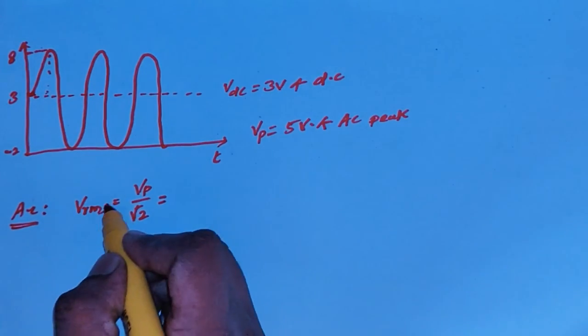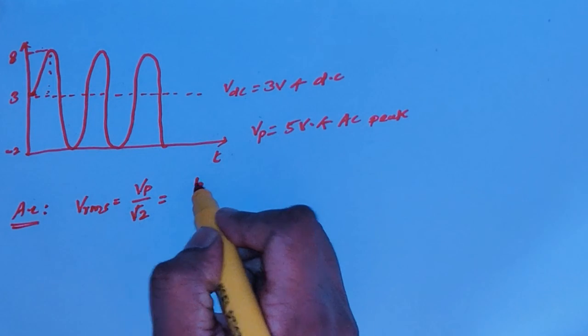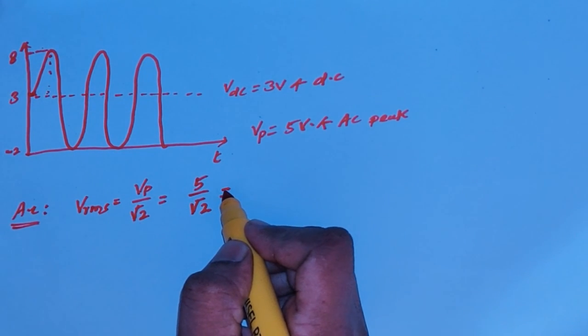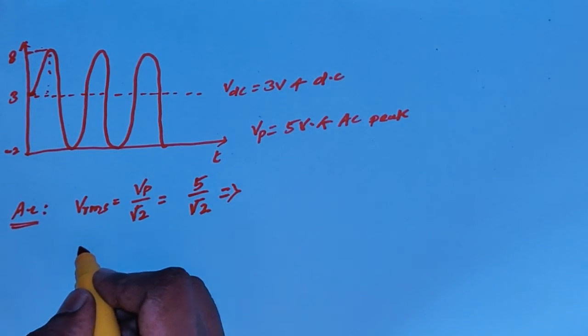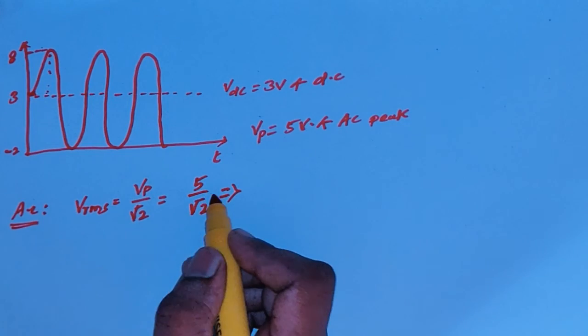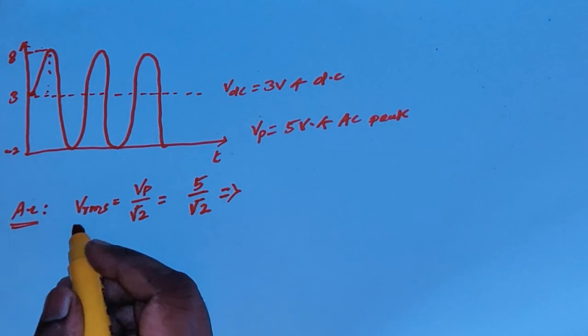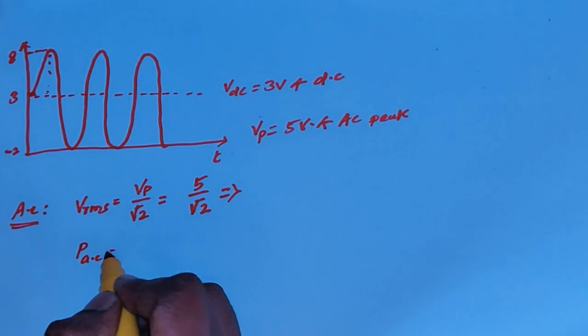So Vrms is Vp divided by square root of 2. Vp we already know, it's 5 volt divided by square root of 2. Before doing this calculation, don't divide 5 by square root of 2, keep it as it is. Now we want to compute the power dissipated due to the AC.